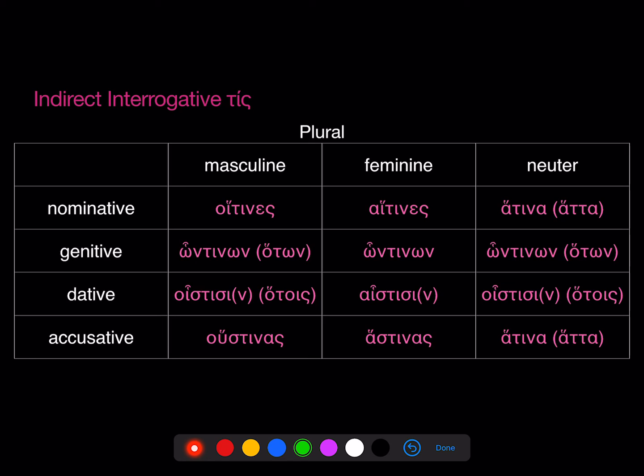Again, just exactly what you'd expect. And here are these alternative forms. Note this alternative form too, hata, right? It has a rough breathing in distinction to the smooth breathing on ata, the indefinite alternative form.